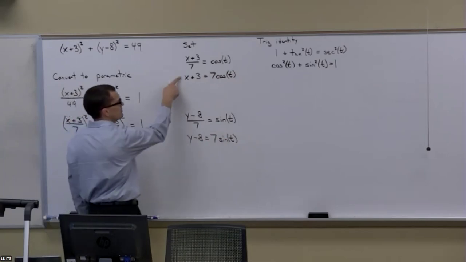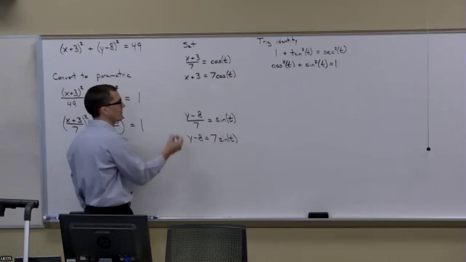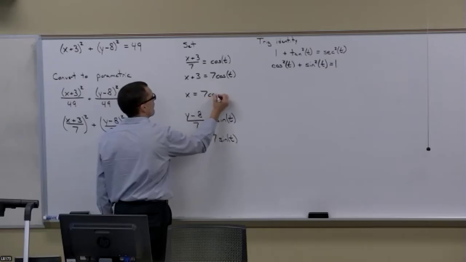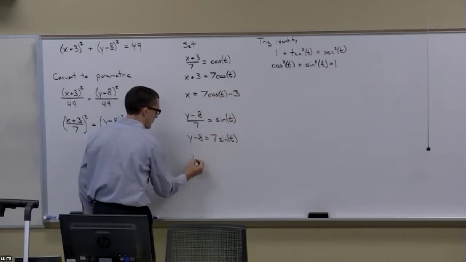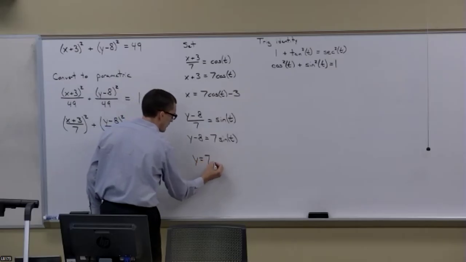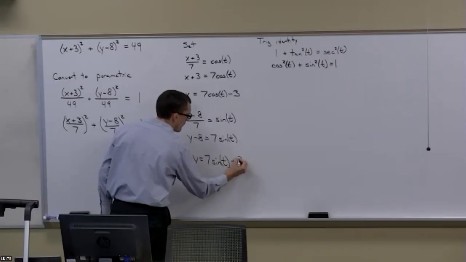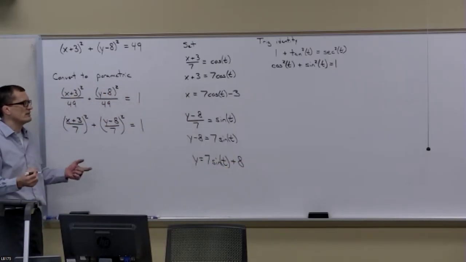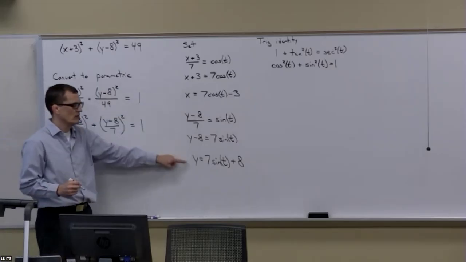Subtract 3 from both sides up here, add 8 to both sides down there. And that gives us our two parametric equations, one for x, one for y.